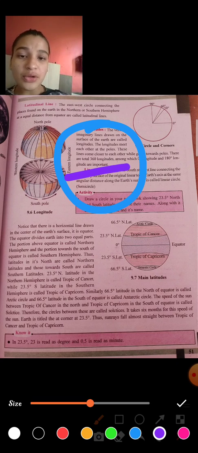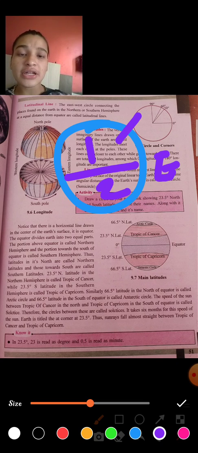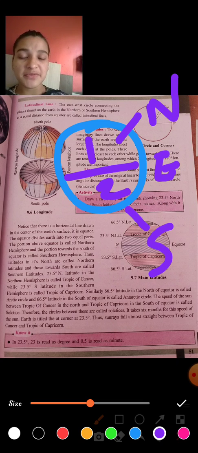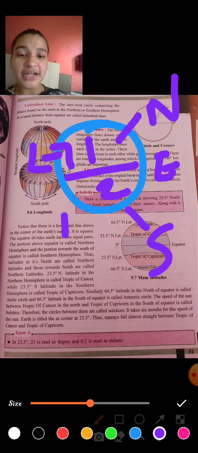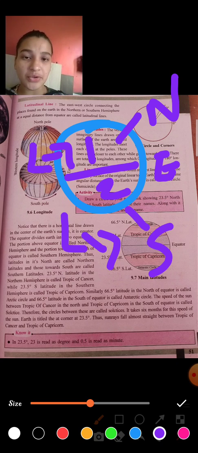One more time we have a drawing: one circle, two lines, it is known as the equator. This is one part, this is the second part. This is known as the northern hemisphere, this is known as the southern hemisphere. The latitudes here are known as northern latitudes, and the latitudes here are known as southern latitudes.